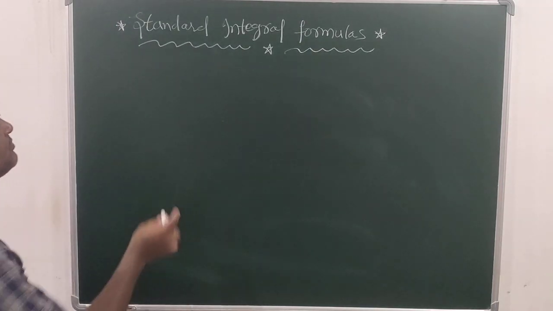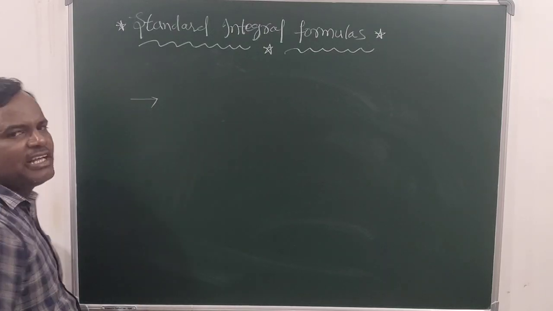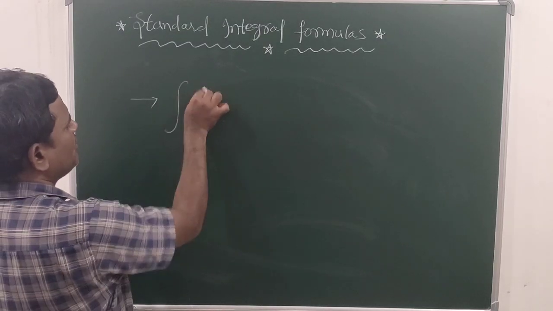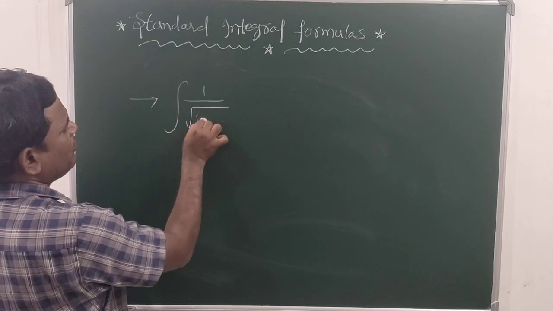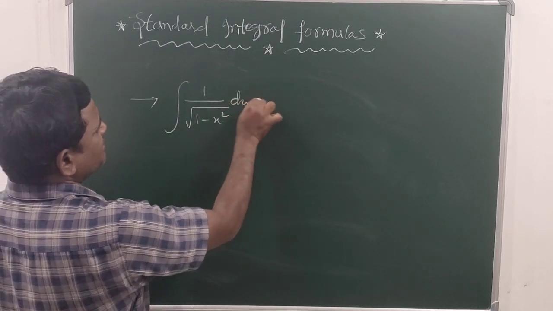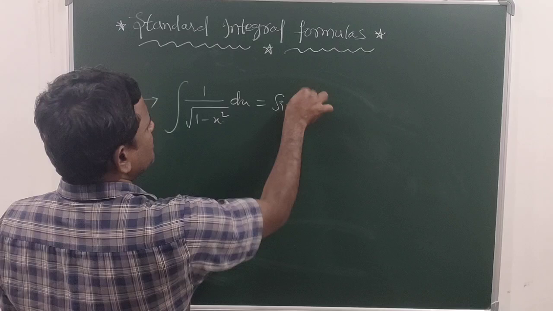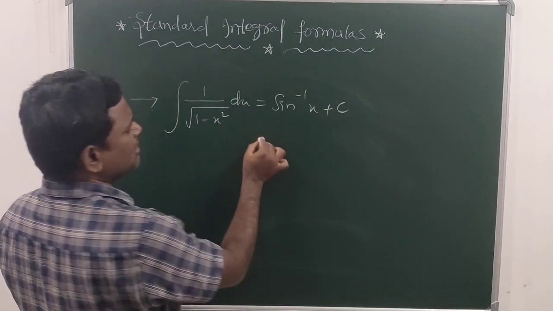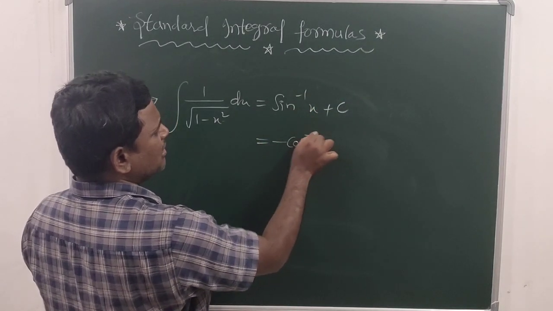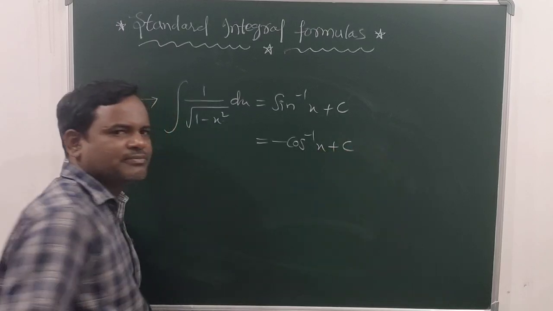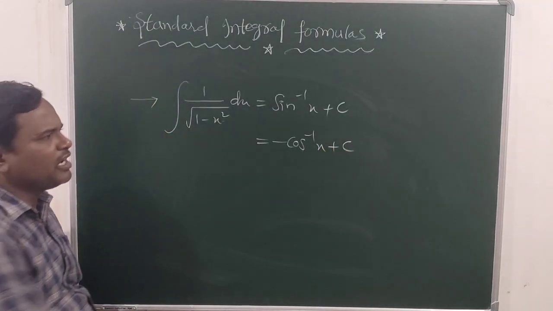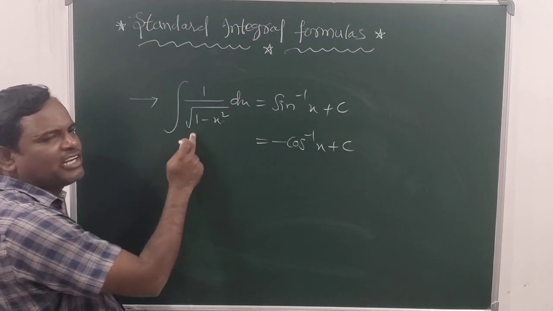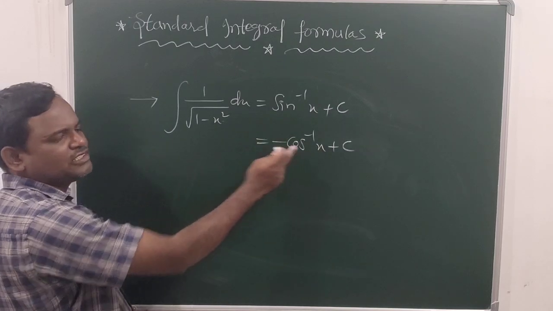Next, see, integral of 1 by root of 1 minus x square dx is equal to sin inverse of x plus c. Otherwise, it can also be written as minus cos inverse of x plus c. Do the derivative of these two, again you will get this, either this or this.